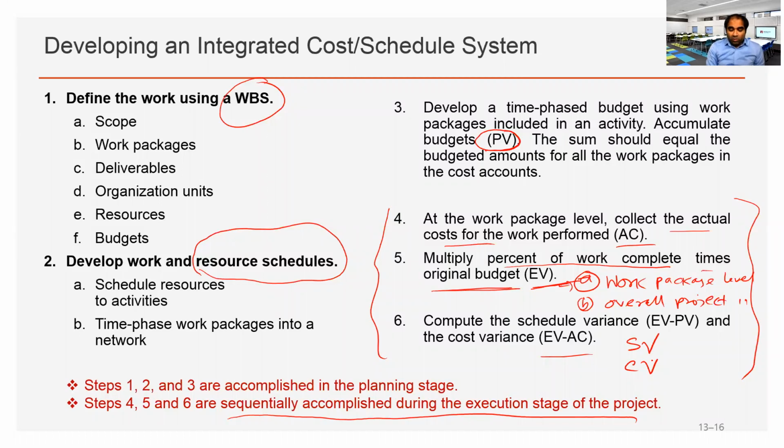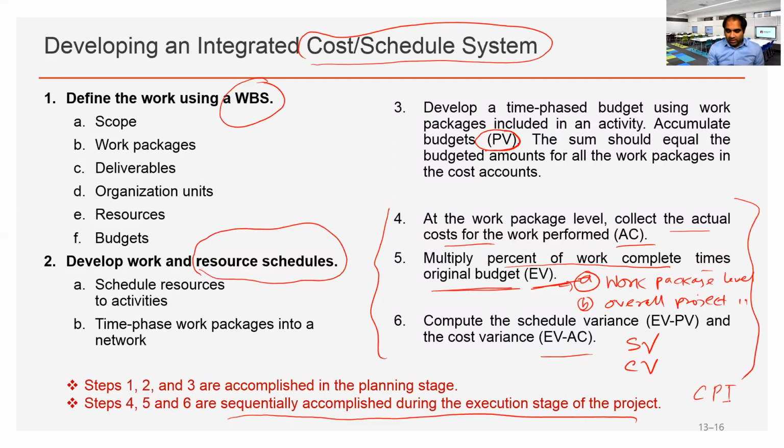There is actually one more step which is not mentioned here. It is not part of the cost scheduling system, but it is more of some indexes. If you look at, for instance, the CPI index, what is this?